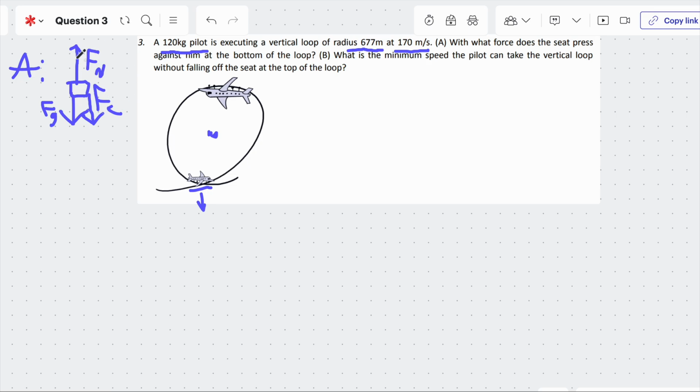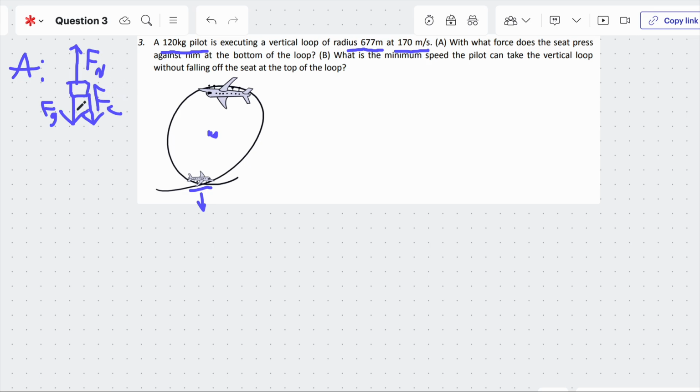So the force that counteracts things sometimes will change. If it's like you're swinging a ball on a rope, that's going to be tension in the rope. We'll go over that if we run into it, but here it's a normal force. So since this question is essentially asking us to find the normal force, which is the seat pushing against the pilot to keep him from falling down, that would give us our normal force.